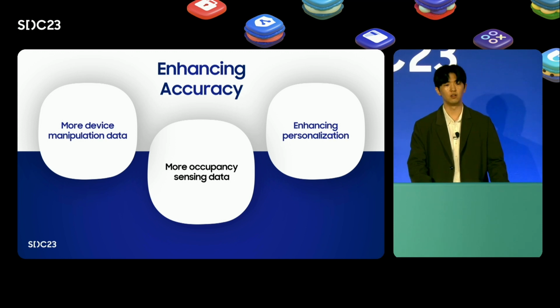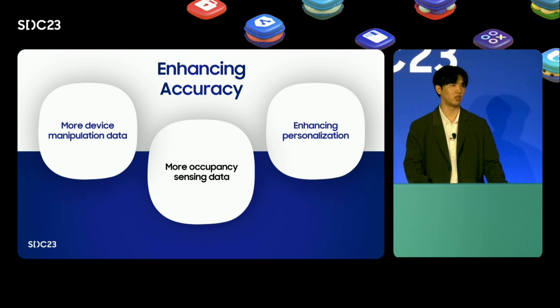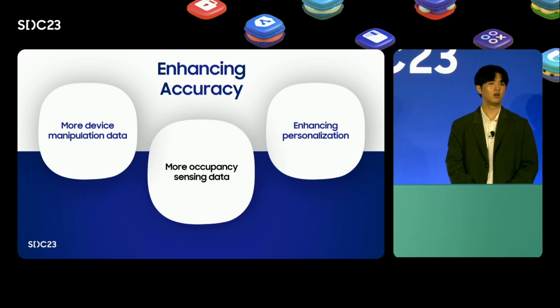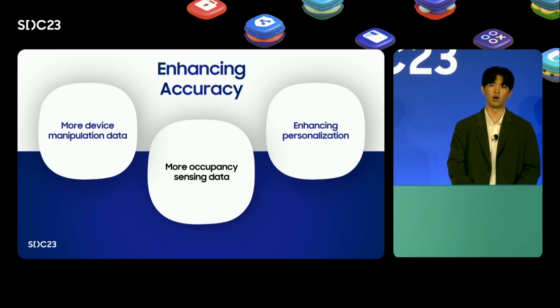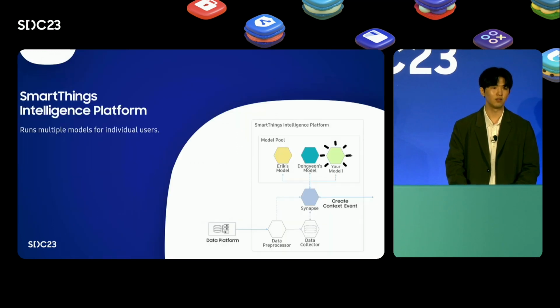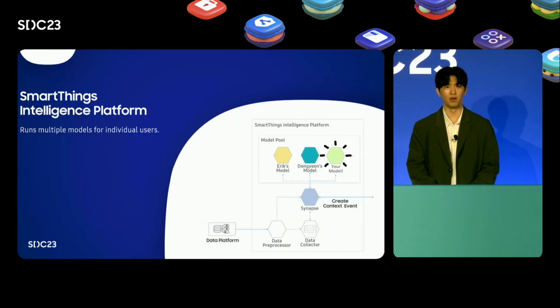Recognizing that every household exhibits unique lifestyles, we aim to tailor our approach to cater to these differences. By implementing these measures, we are confident in continually improving the efficacy of our occupancy inference model. Next, I'd like to invite Eric back for a moment.